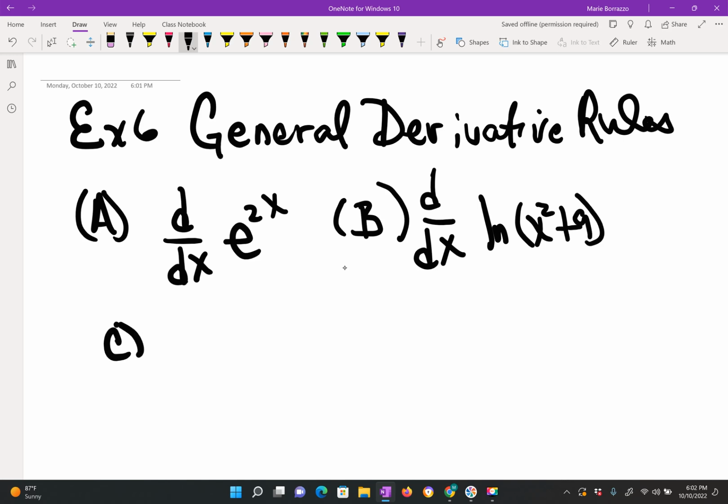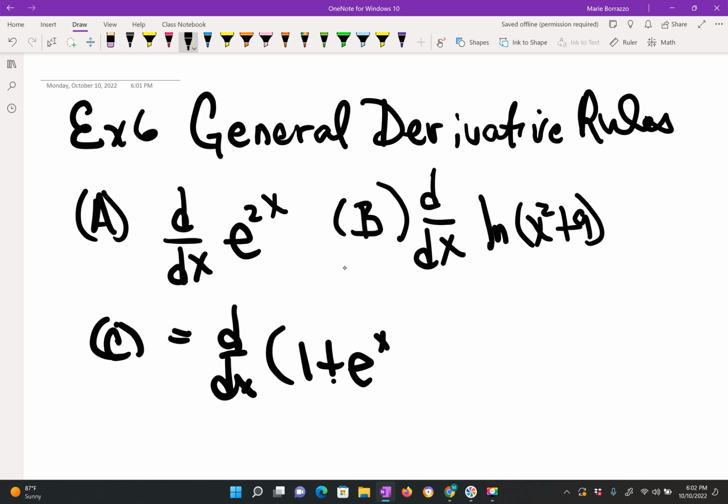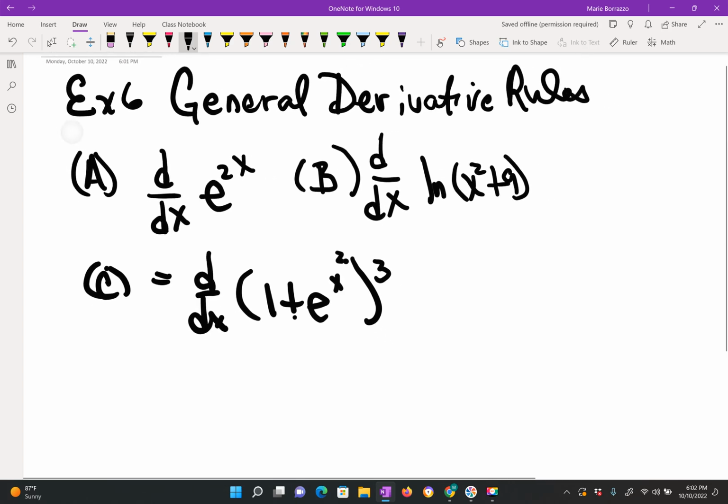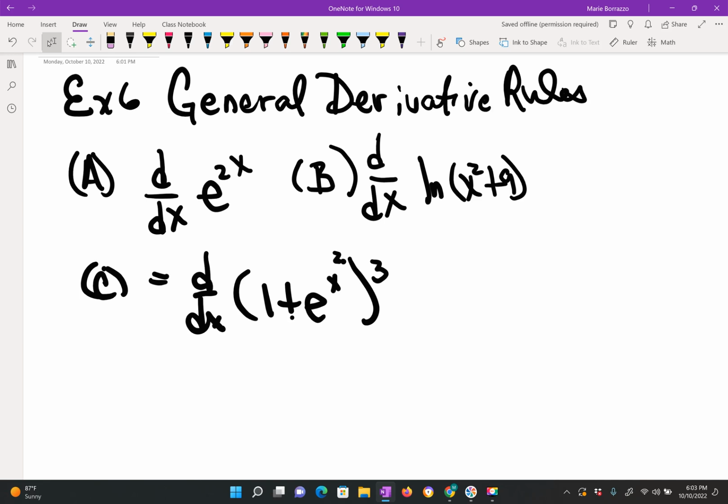And for C, they're giving us find d over dx given 1 plus e to the x squared to the 3rd power. All right, so this is basic derivative rules and differentiation. So let's take 5 minutes to try it on your own, and then we'll do it together.